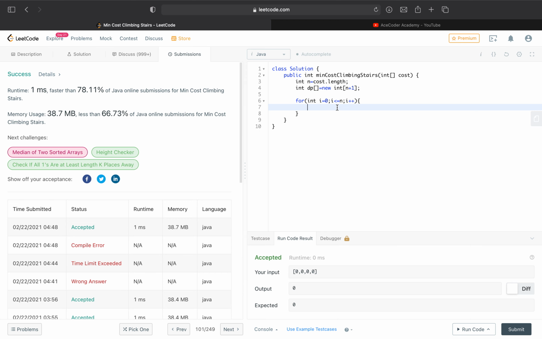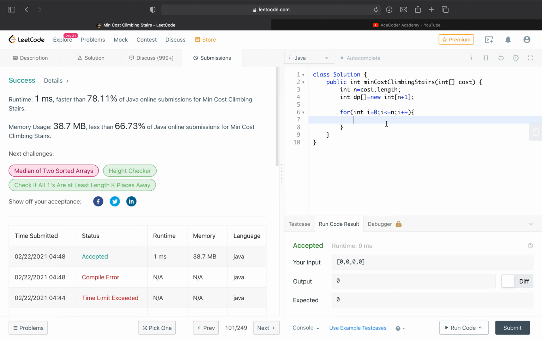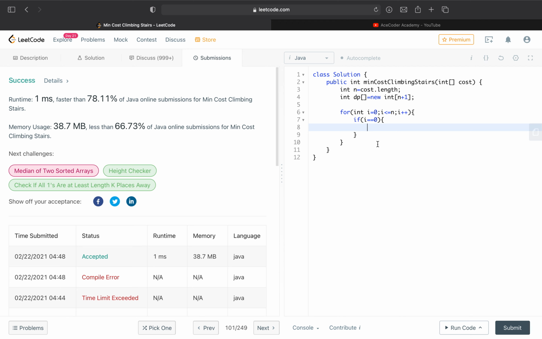Yes, now what we will be doing is, if i is equal to 0, one case, else if i is equal to 1, or else case. Let me explain.